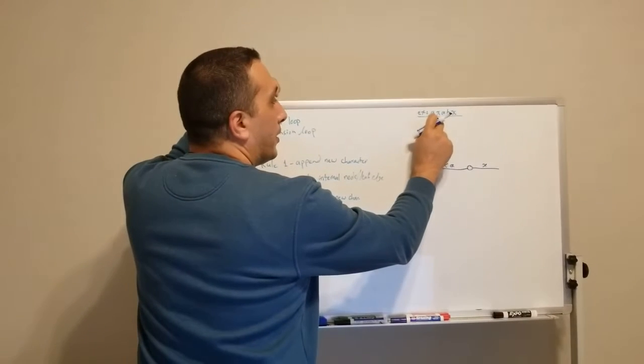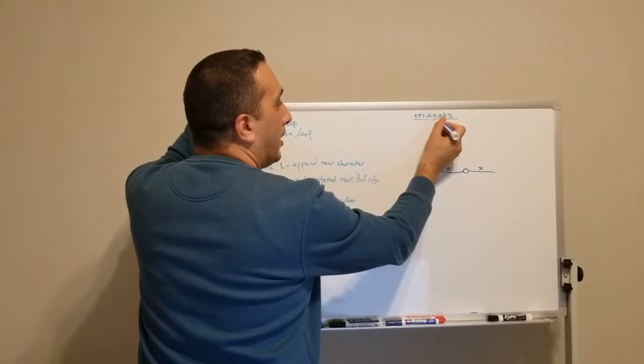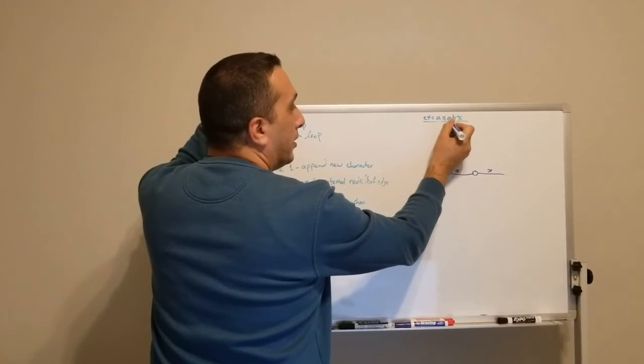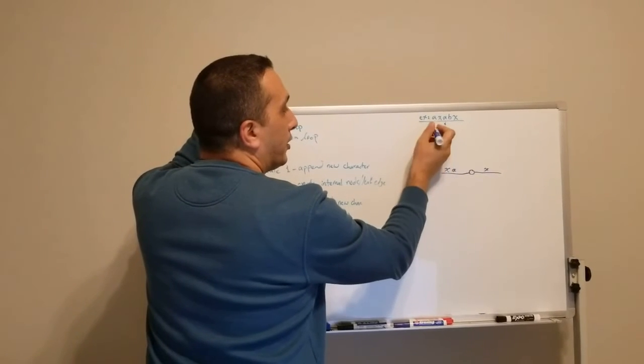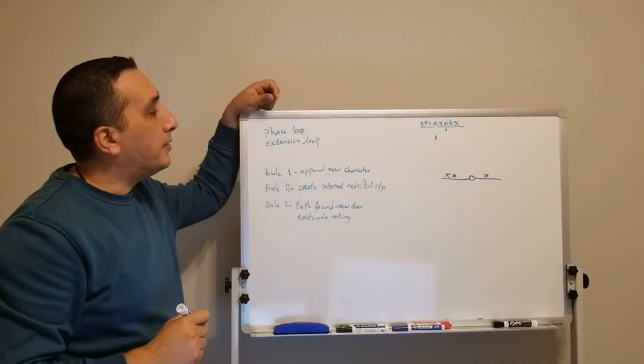And therefore, the next iteration is going to be incrementing I to the next character and resetting J to the original location, which is the first character A.